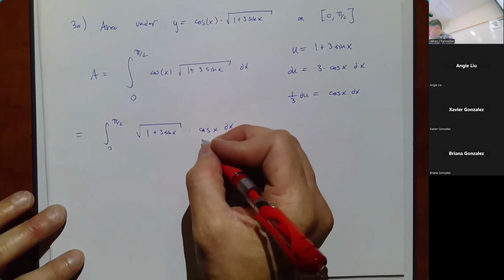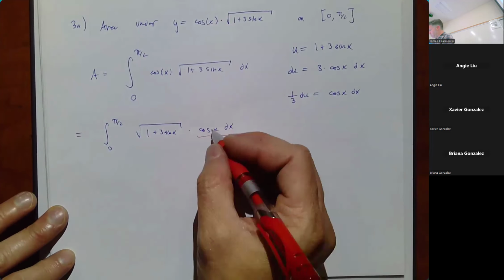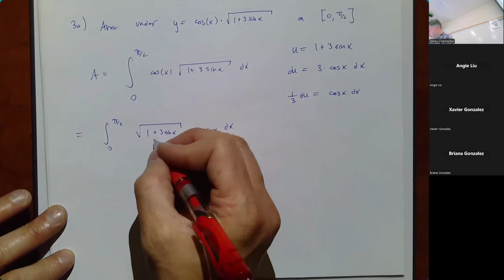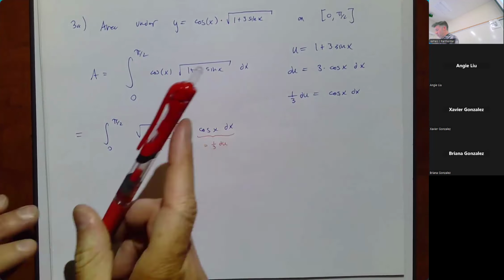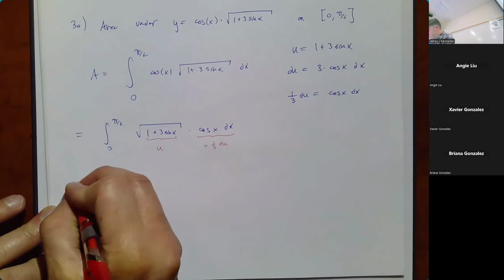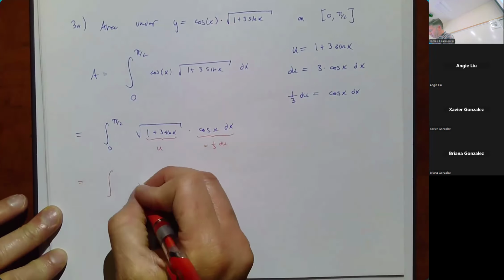I'm going to start changing things. Always dx first. Cosine of x times dx is equal to 1/3 times du. All this stuff here is equal to u. Now watch. When we change this to being in terms of u, we should also change the limits of integration.